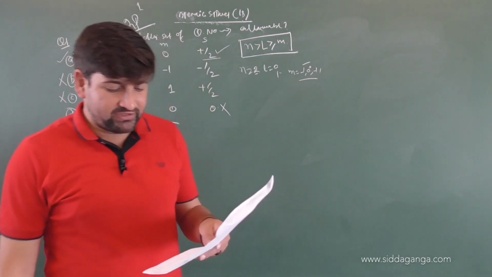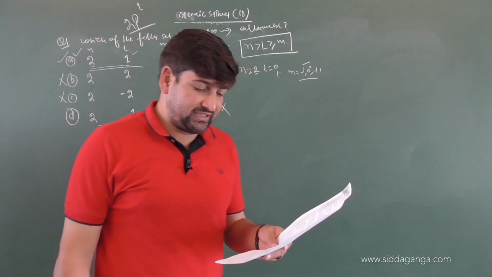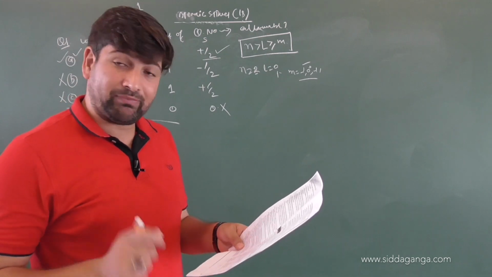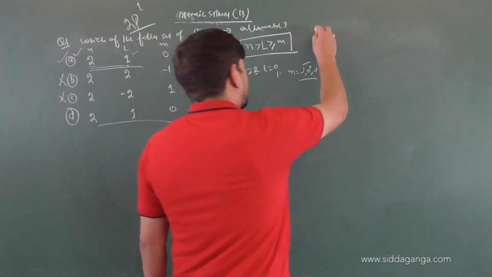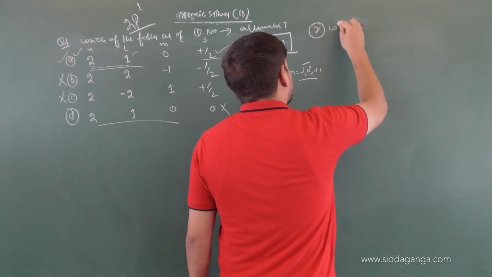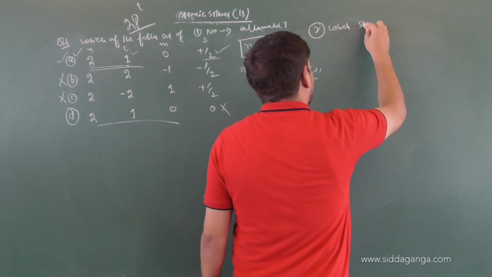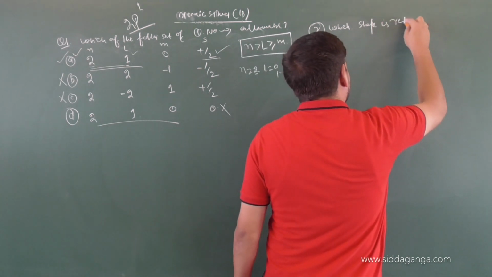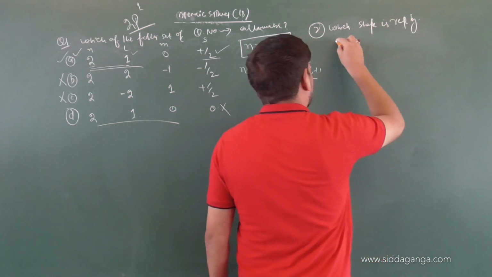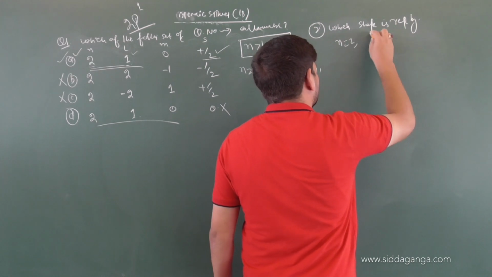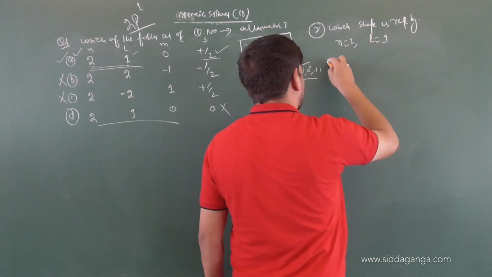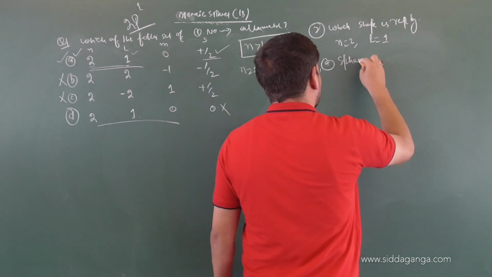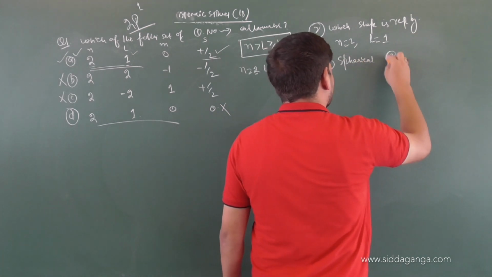Which shape is associated with the orbital designated by the quantum numbers N equals 2 and L equals 1? The options given to you are: option 1, spherical.